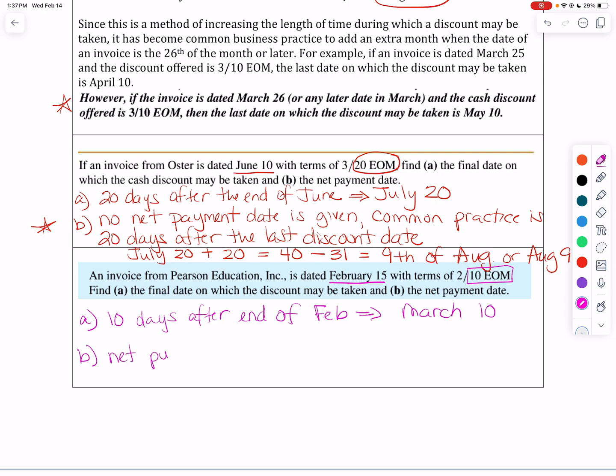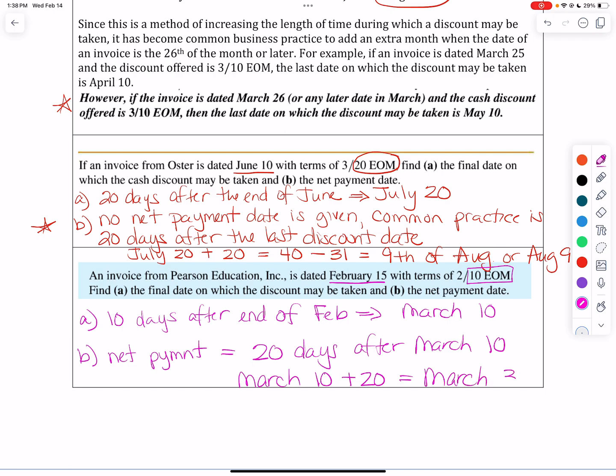So net payment is 20 days after March 10th. March 10 plus 20 is March 30th. And we do have at least 30 days in March.